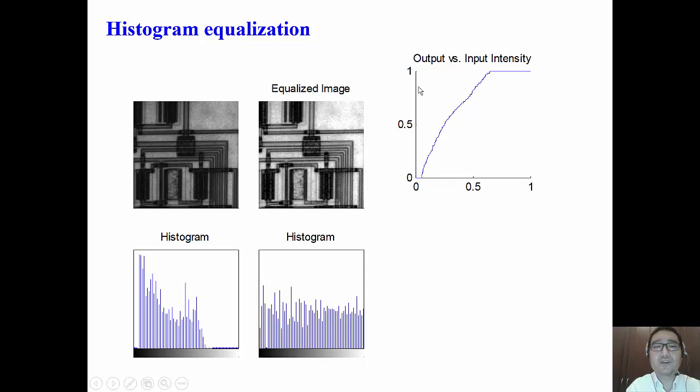And after this histogram equalization, the histogram will be equalized, meaning approximately an equal number of pixels in different intensities. As you can see here, the equalization indeed makes the image easier to see.